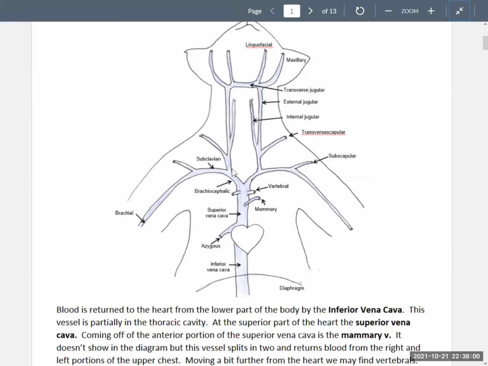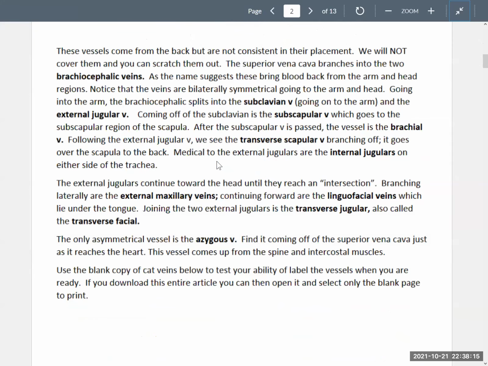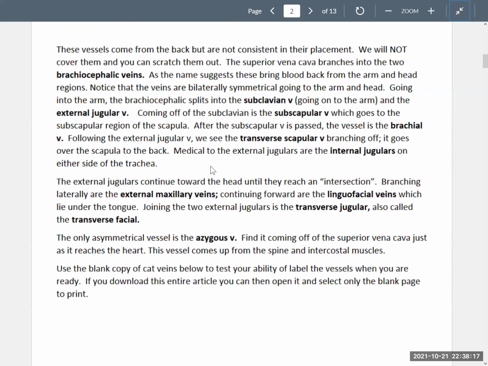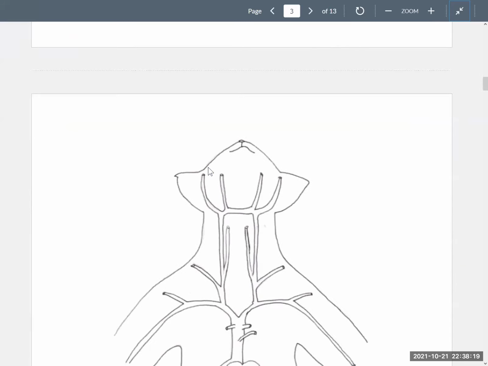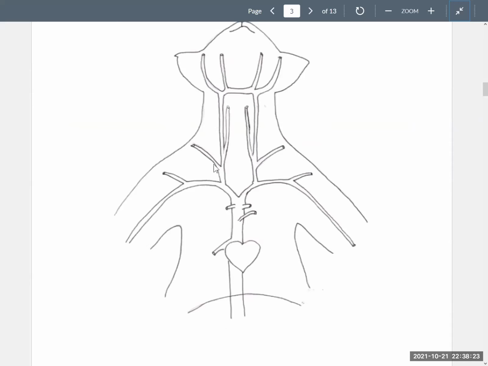And the latex is colored blue and red. Blue stays on the venous side and the red stays on the arterial side. Here it is all in text. And here is a blank diagram that you can practice on if you print it out for yourself.